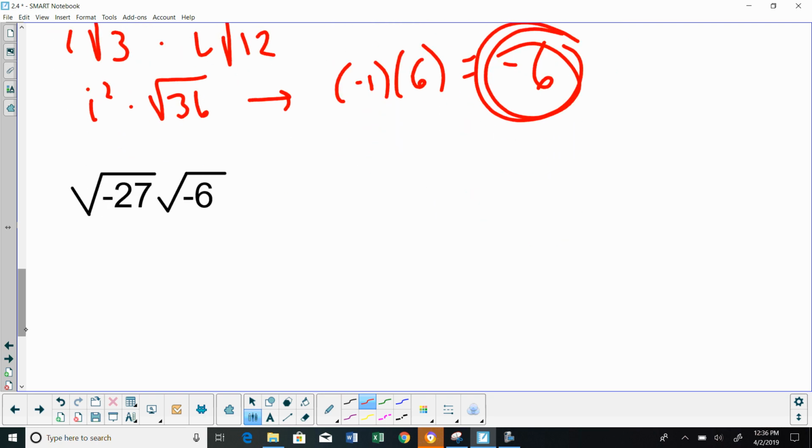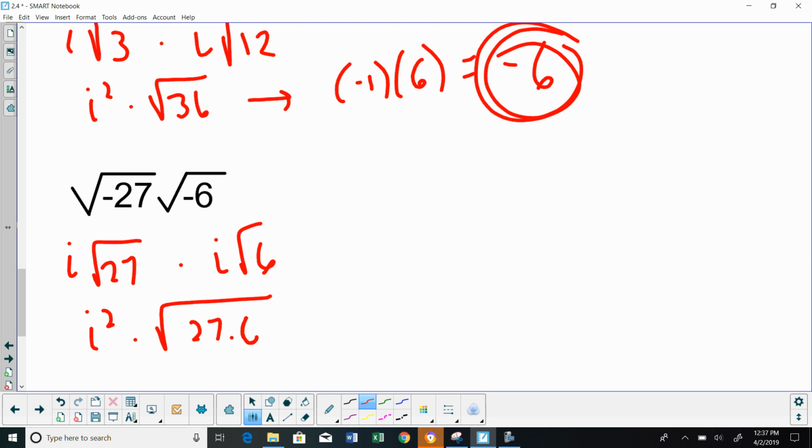So how about one more like that? Let's say we're going to do square root of -27 times square root of -6. Remember, that's i times square root of 27, and square root of -6 is going to be i times the square root of 6. That gives me i squared now times square root of 27 times 6. So 27 times 6 turns out to be 162.